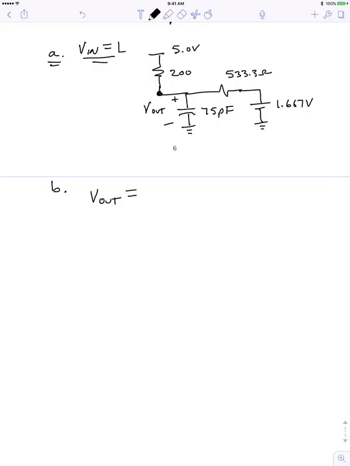V out's going to be 5 volts minus 200 times I, this current.